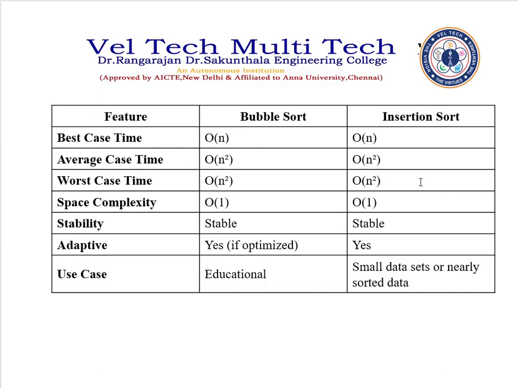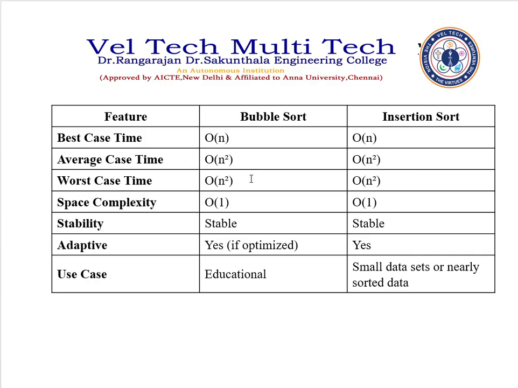And talking about the complexities in terms of space and time efficiency, for the best case, bubble sort is order of n, and insertion sort also remains the same, order of n. For the average case it would be order of n square, and for insertion sort also order of n square.